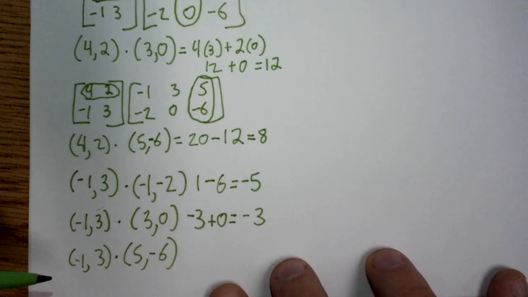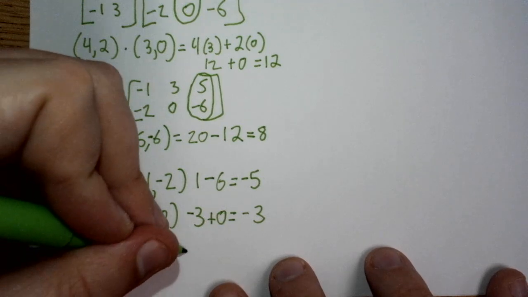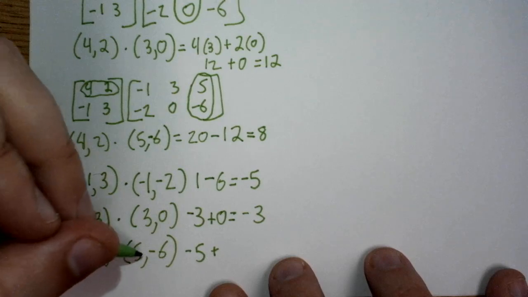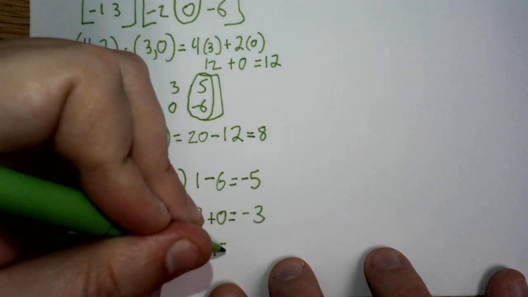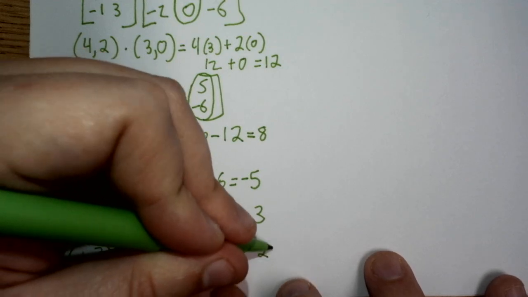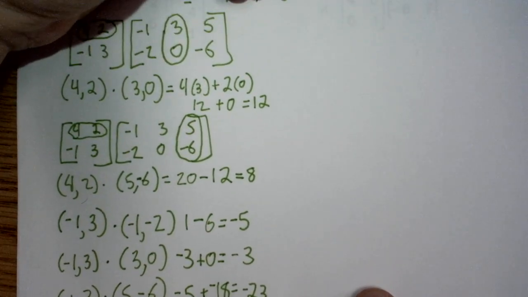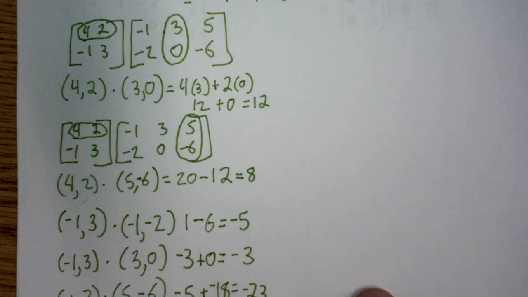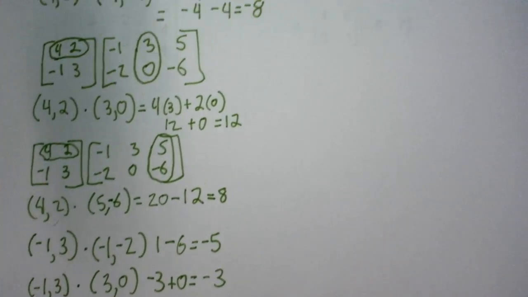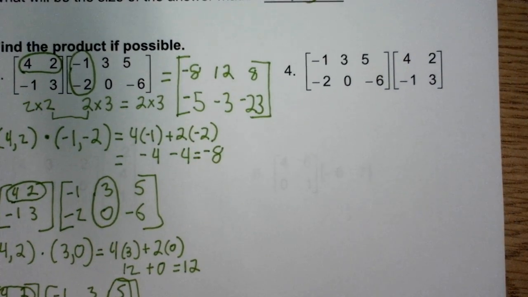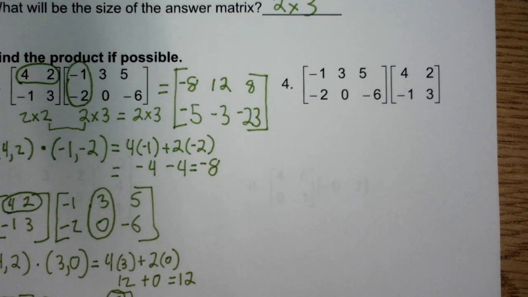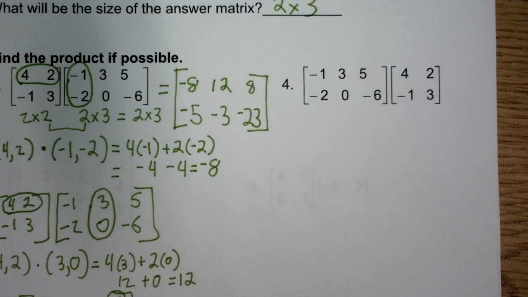And the last one, -1 times 5 gives me -5, plus 3 times -6, -18, which would give me -23. So, when it's all said and done, and I've worked out all those numbers, I end up with my answer matrix here. It is a 2 by 3.